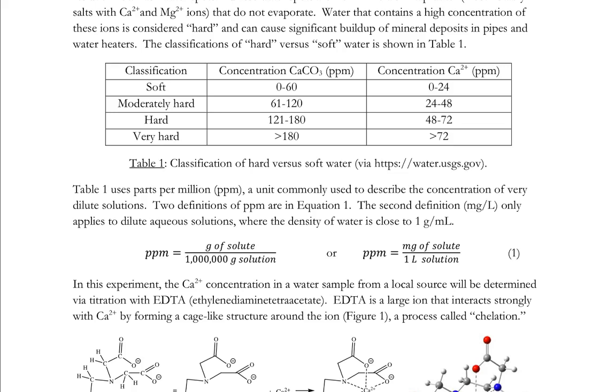Looking at just the denominator, we have to assume that the water has a density very close to 1 gram per ml. So we would be just doing that one-to-one conversion. 1 gram is 1 ml. So now we're at the unit of ml, same number, 1,000,000. And then to go from milliliters to liters, we have to divide in the denominator by 1,000.